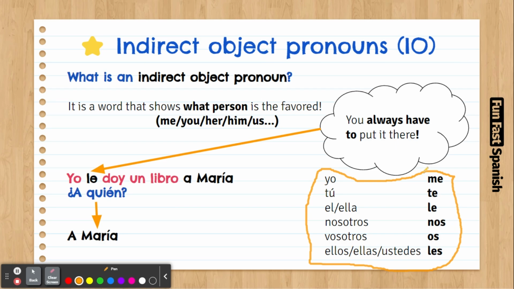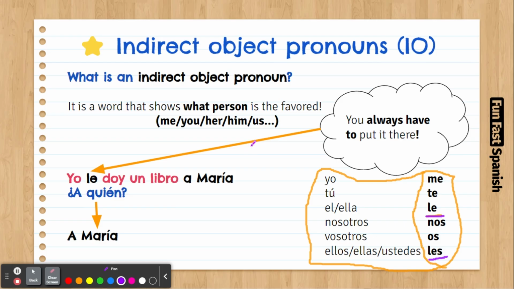So these ones here are the pronouns, yeah? They are very similar to the direct ones. The only difference is that here, instead of having la and lo, we have le, yeah? And here, instead of having las, los, we have les. Yeah. So that's it.